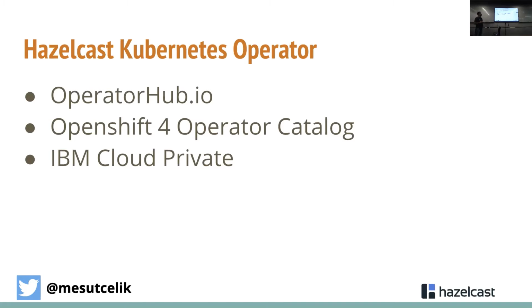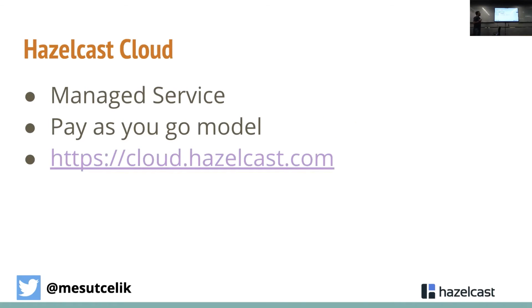Hazelcast also comes with the OpenShift catalog and the IBM Cloud Private catalog. So if you use those Kubernetes distributions, you can find Hazelcast inside the catalogs and deploy it. And the third option is Hazelcast Cloud, as I explained. This is another deployment option. Instead of deploying Hazelcast into your Kubernetes cluster, you can use a managed service, and this is a pay-as-you-go model.